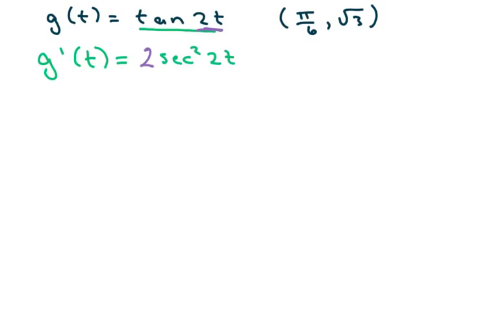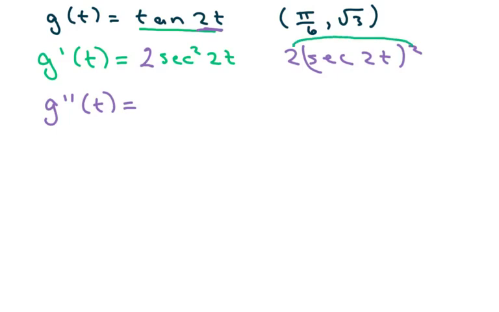So that's your first derivative, and then we're going to take the second derivative of t. Well, what I'm going to do is go ahead and write this as 2 secant of 2t squared. And now let's take the second derivative.